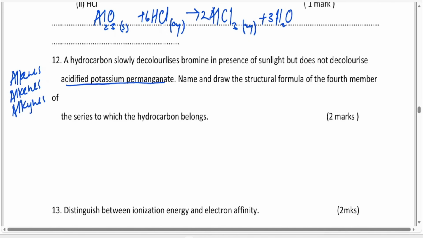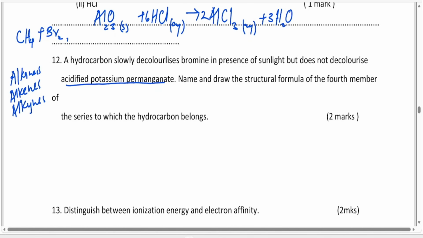Alkanes have no capacity to decolorize this oxidizing agent, but they can decolorize bromine water simply because alkanes also have capacity to react with halogens. So you'll find a case where we react, for instance, methane with aqueous bromine.